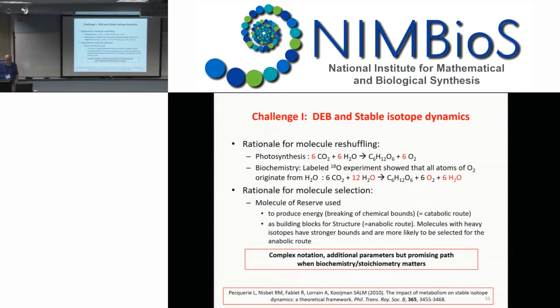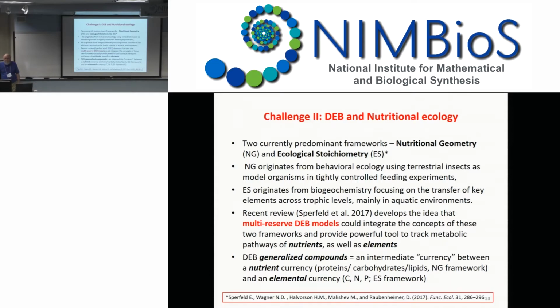So that's the first challenge that we thought was important. The second challenge, which Laura mentioned to me, is making connections with some of the more mainstream ideas in nutritional ecology. And I'm embarrassed to say that the paper she told me about, which is this paper, and I think we have one of the authors here, I had not read until I read it in a rush on Friday after my conversation with Laura.